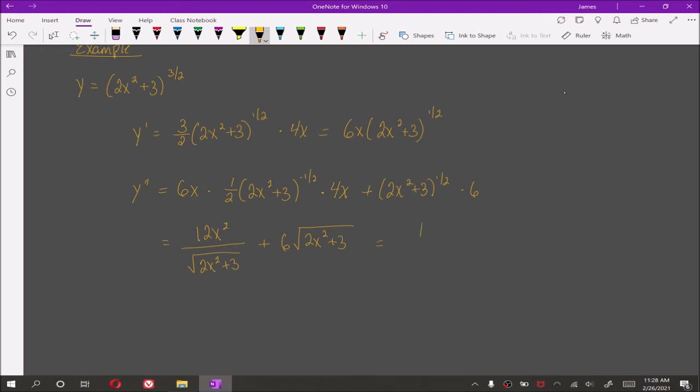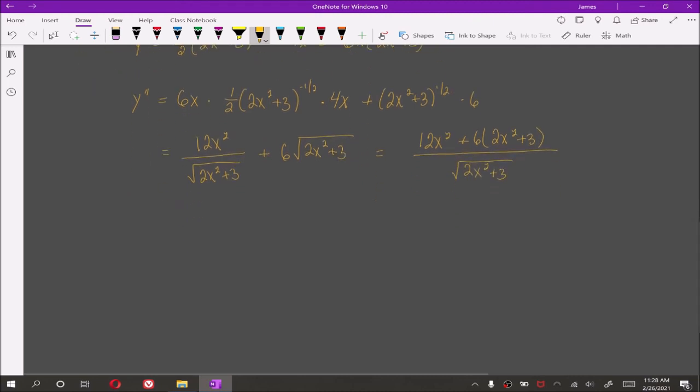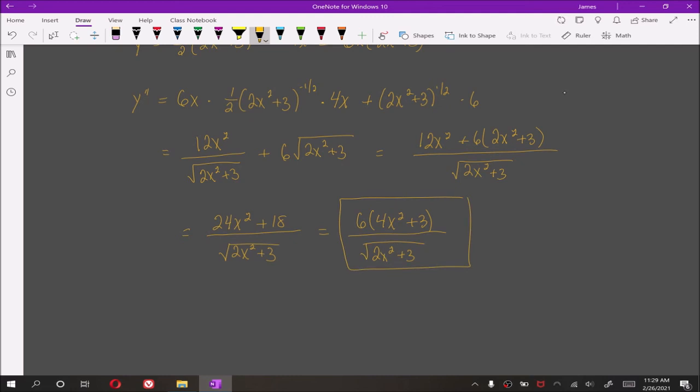On the denominator, we'll get the square root of 2x squared plus 3. In the numerator, we have 12x squared plus 6 times the quantity 2x squared plus 3, which is 24x squared plus 18, all over the square root of 2x squared plus 3. And if you wanted to, you could factor out a 6 in the numerator and write 6 times (4x squared plus 3) all over the square root of 2x squared plus 3. And that would be our second derivative.